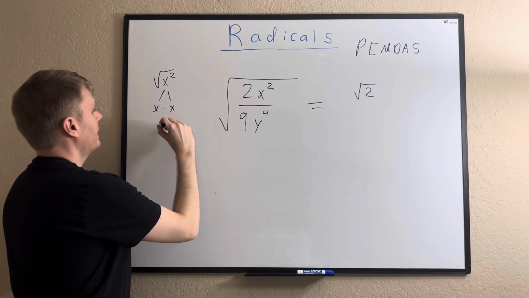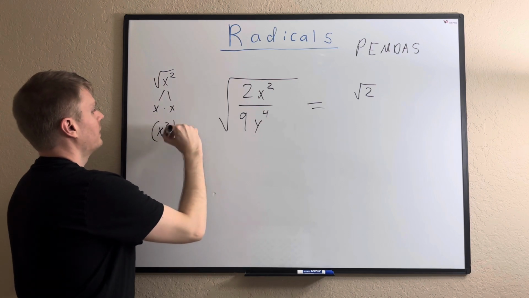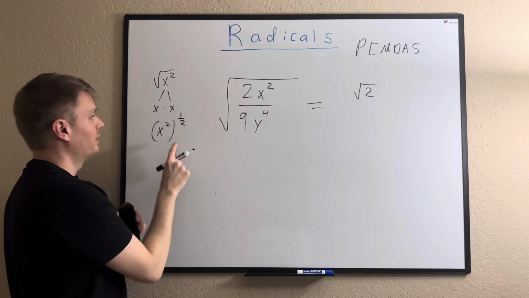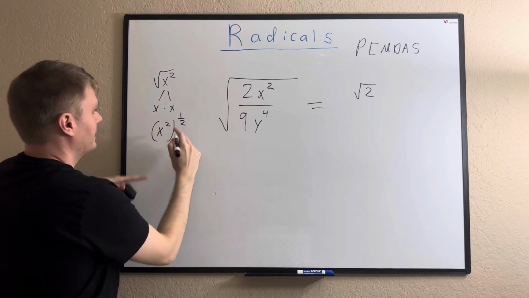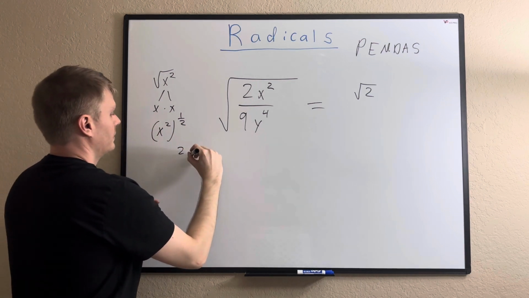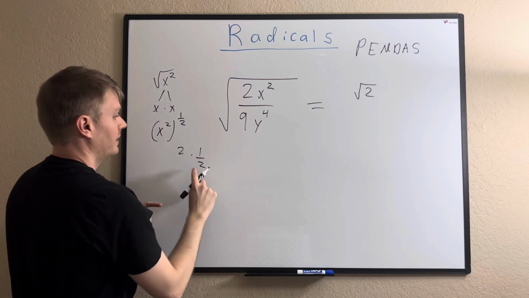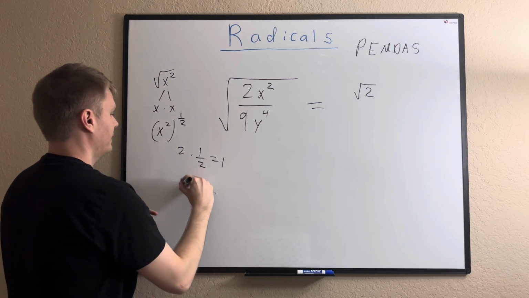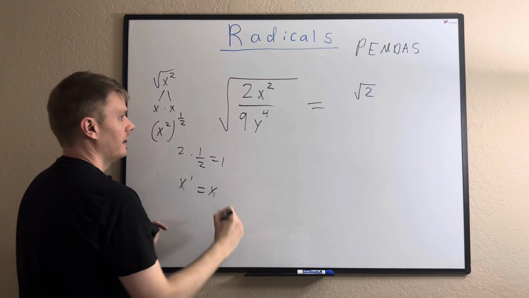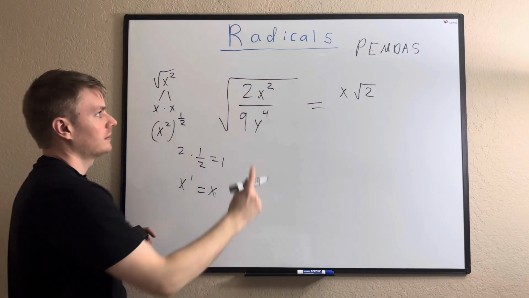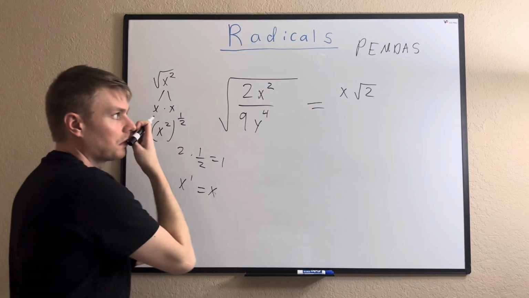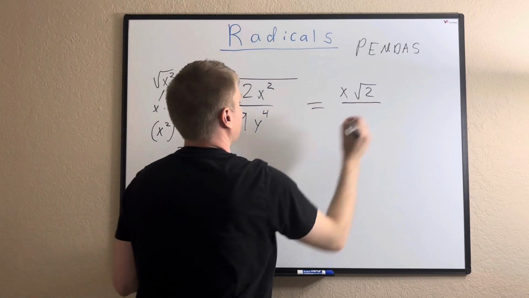It's basically saying x squared raised to the power of 1/2. And if you remember the exponent rules, when you take an exponent of an exponent, you multiply them together. So 2 times 1/2 is actually 2 divided by 2, which is just 1, and x to the 1 is just x. So that's x radical 2. That's just the numerator.